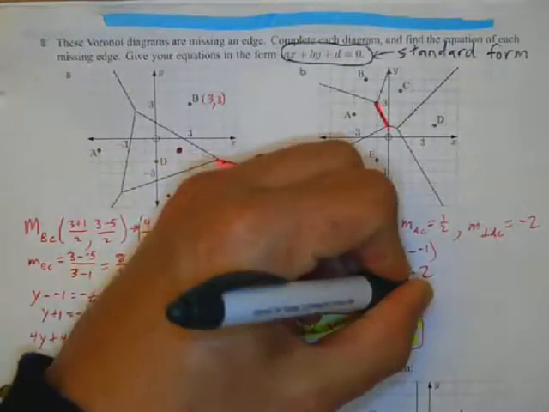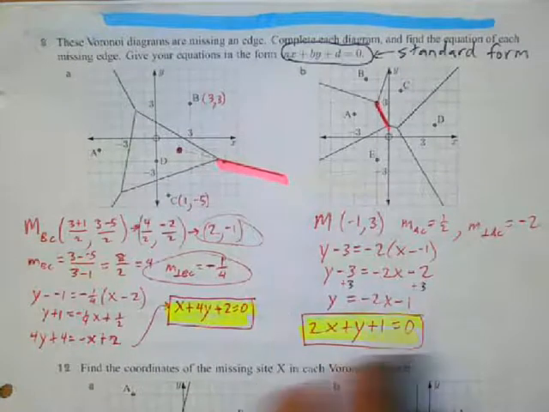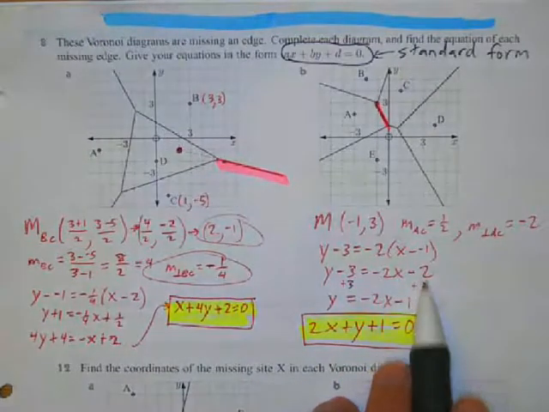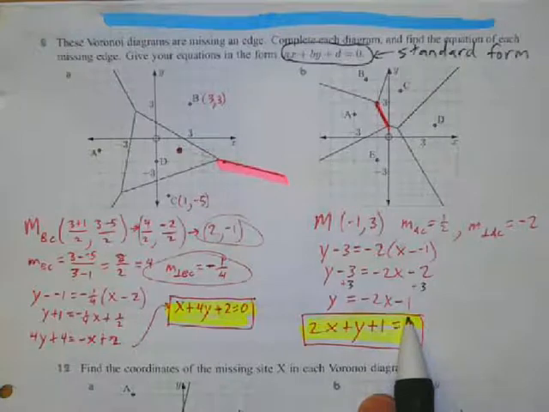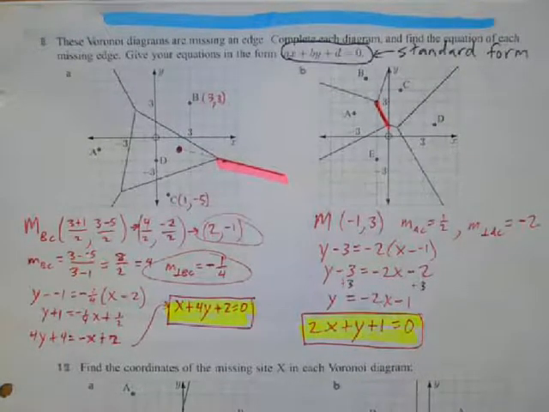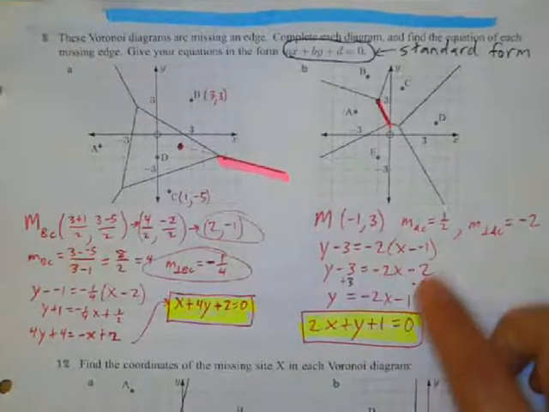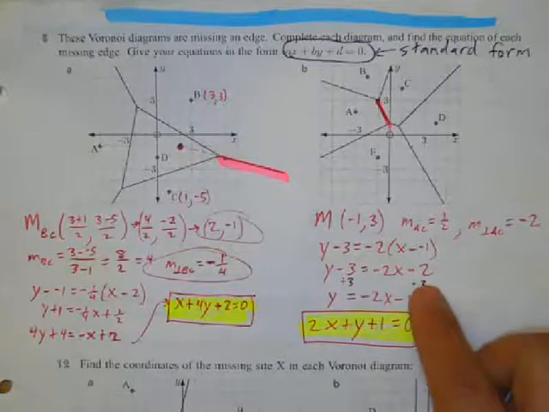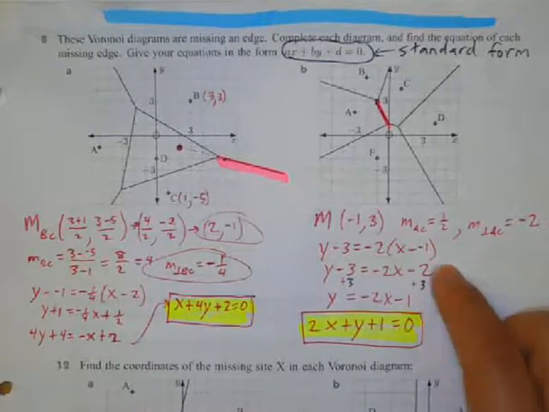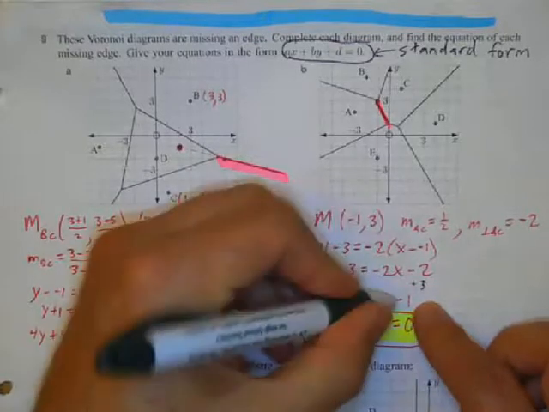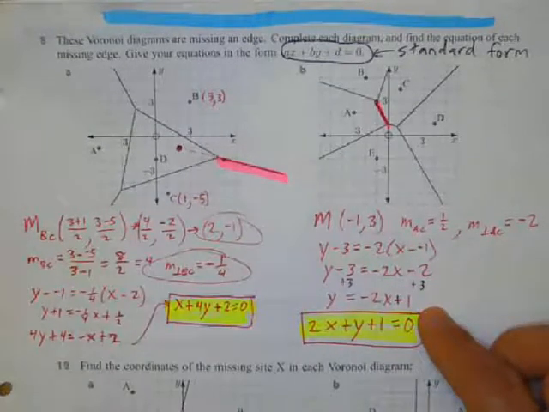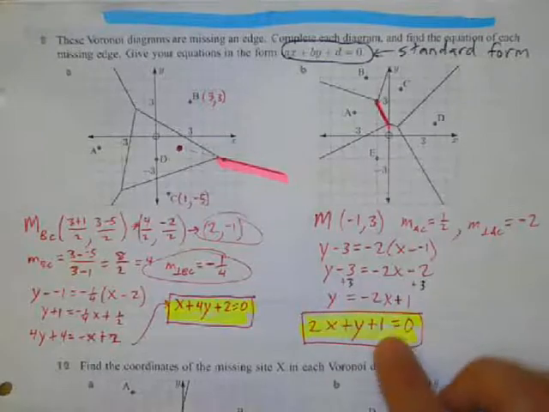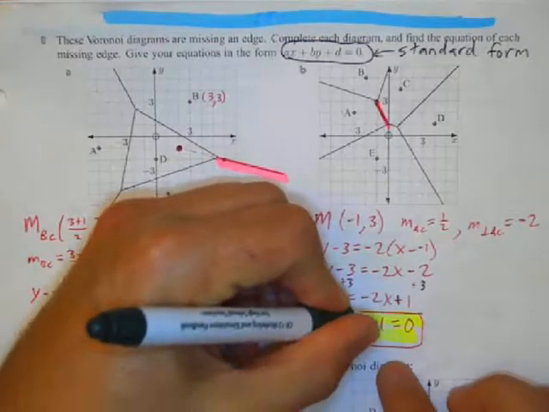Okay, we're going to add 3 on both sides, so then we get -2 plus 3 gives me negative. Something wrong here? Okay, then we add 3 on both sides, so we get +1. And then this should be negative, not positive.